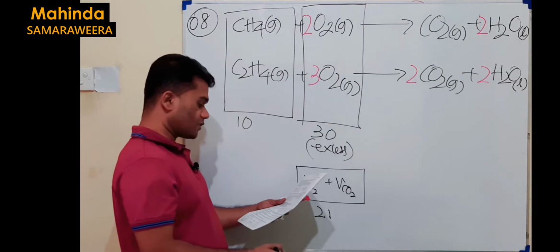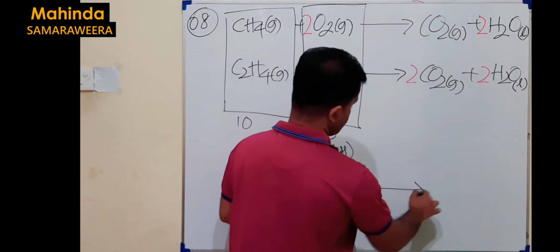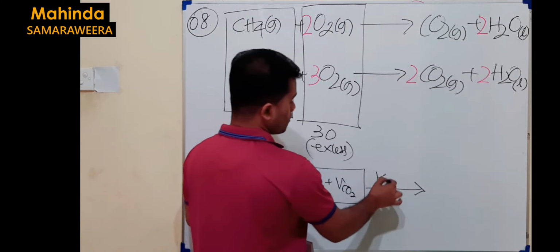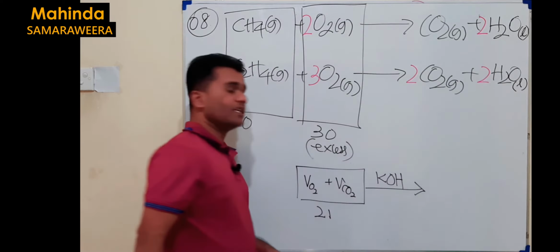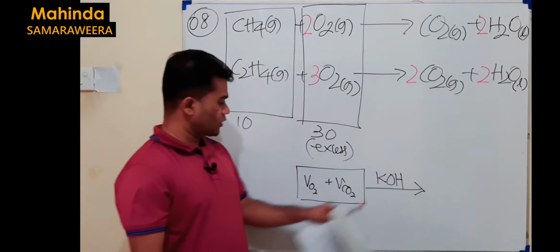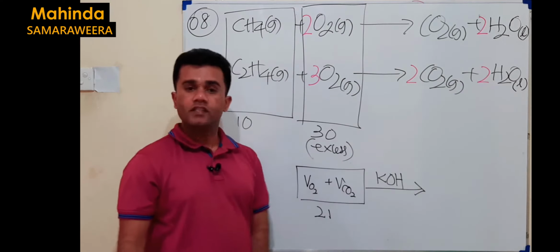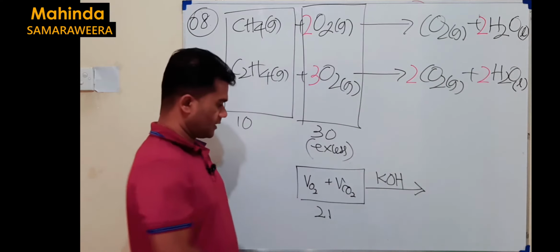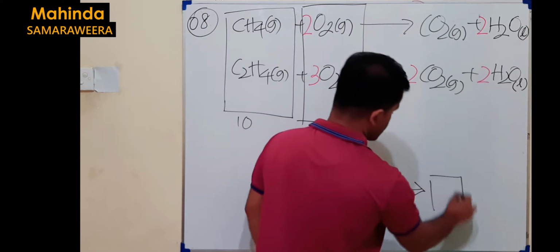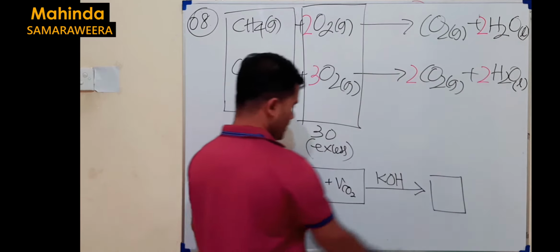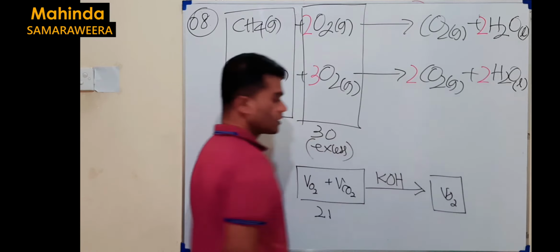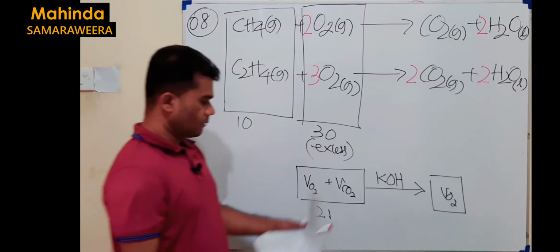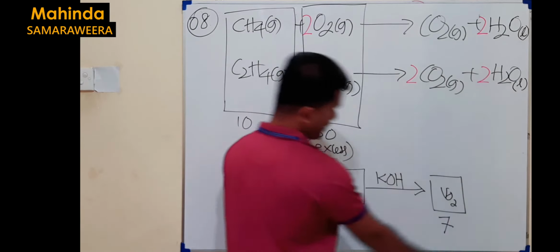We pass this gas mixture through caustic potash. Caustic potash means potassium hydroxide, a basic solution. Once you pass these two gases through a basic solution, the acidic gas dissolves in KOH. What is the remaining gas? The remaining gas is the oxygen. But the volume reduced to 7 milliliter.